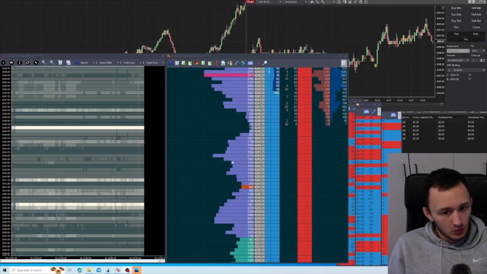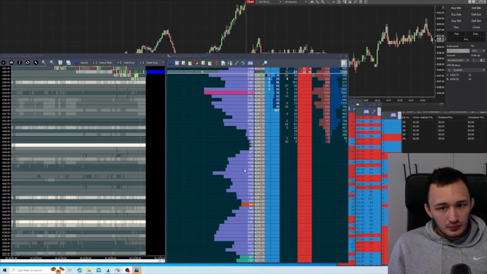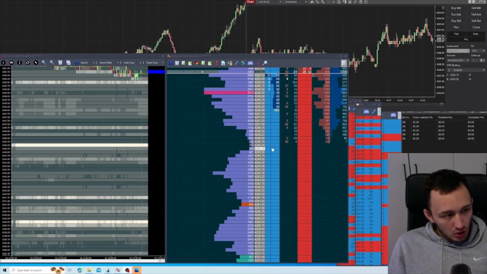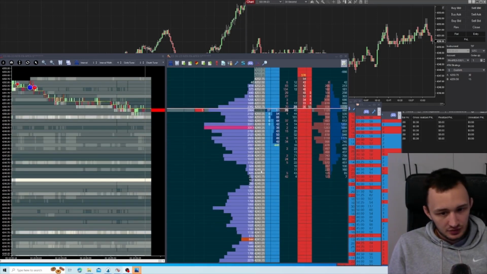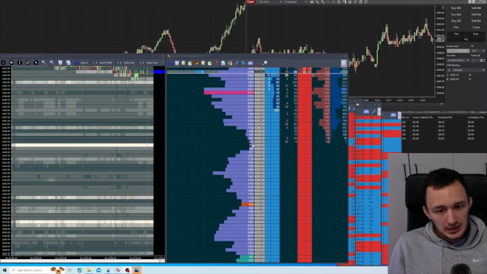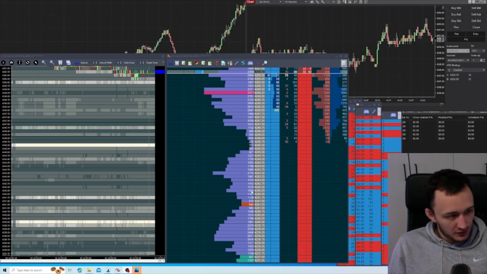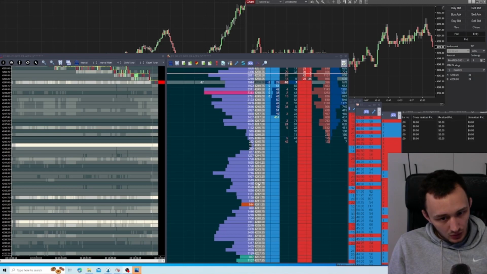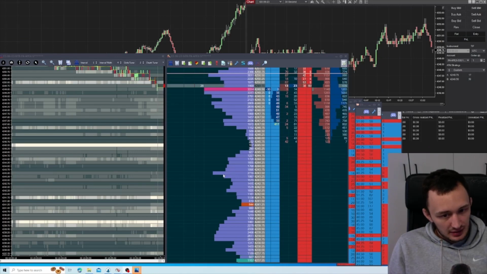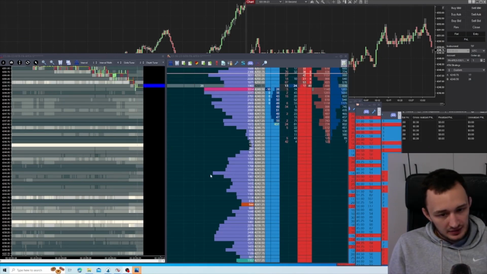So I like it more if we're not in price discovery where we do not have any recent bell curves of the same session. I like it to break into a previous bell curve. And if we do break into a previous bell curve, for example if we break lower here and manage to push past the middle point, the previous point of control of this bell curve, which is the most traded price here and sticks out.